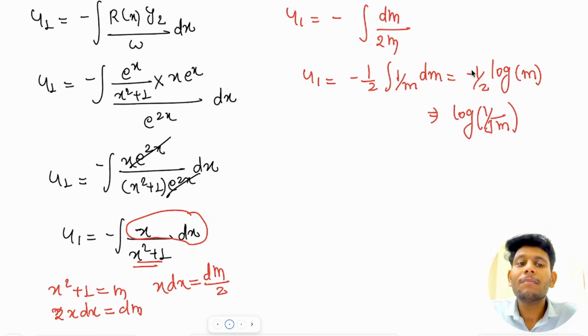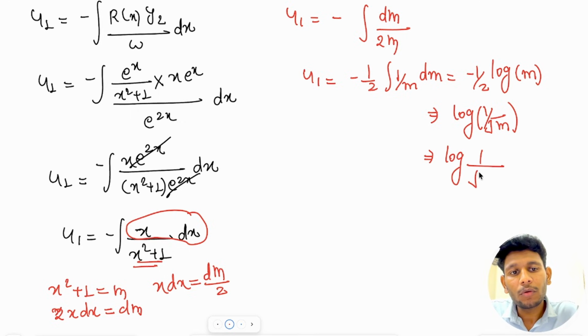What is your m? That is x square plus 1, so log of 1 upon root of x square plus 1. This is the u1. Now you can easily find u2.